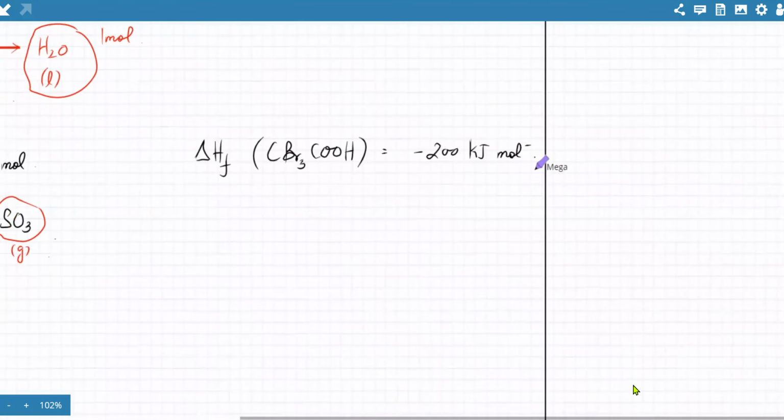So he gave me the energy change of what reaction? What is the reaction? Can anyone tell me? Abdullah? Mahad, any idea? Kausar? Carbon plus bromine plus oxygen plus hydrogen.